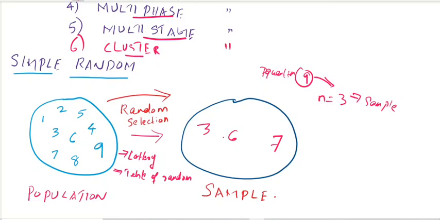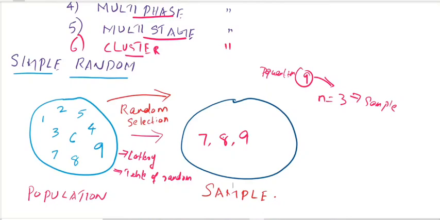So these 3 people, or the 3 samples, truly represent the original population because they are picked randomly. Okay, so it can be any number, not just 3, 6 and 7. It can be 1, 4 or 5, or it can be 7, 8. Let it be any number, but it is a true representative of the original population.